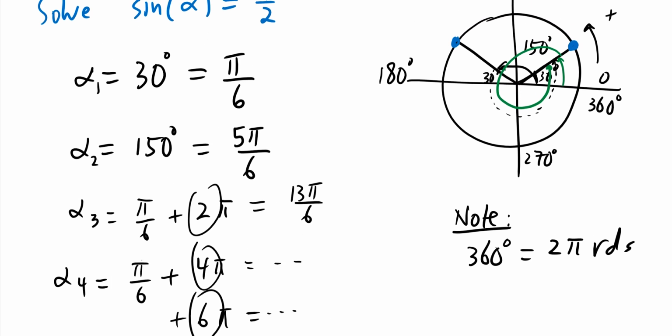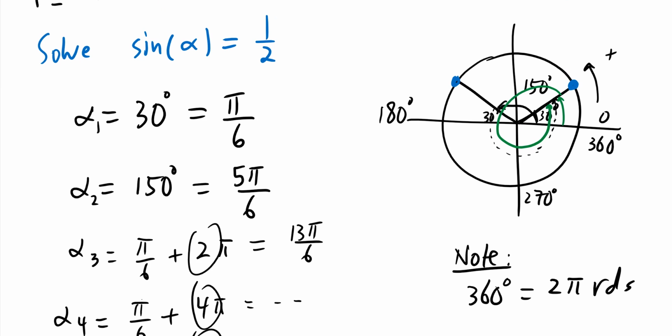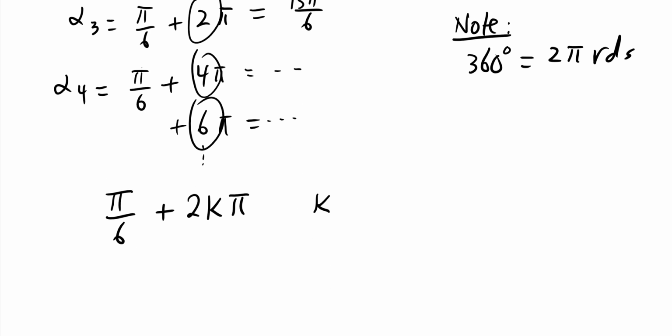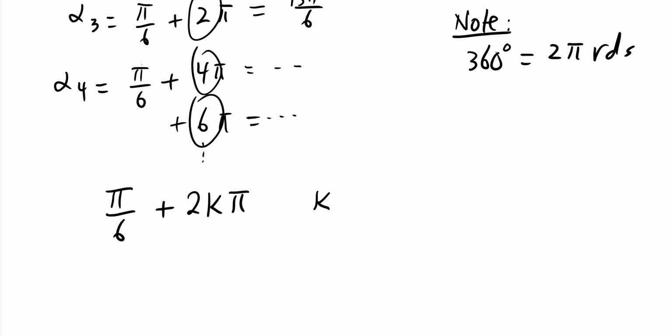What about if I go backwards? If I want to travel backwards, you hit the first one, and then you go backwards one full cycle of 360 or 2 pi. So I traveled in the negative direction. It's the same thing as pi over 6 minus 2k pi.